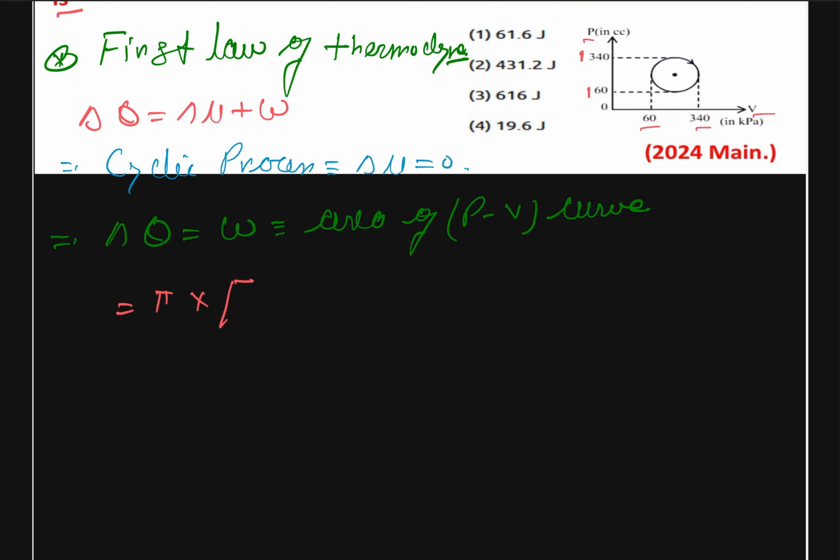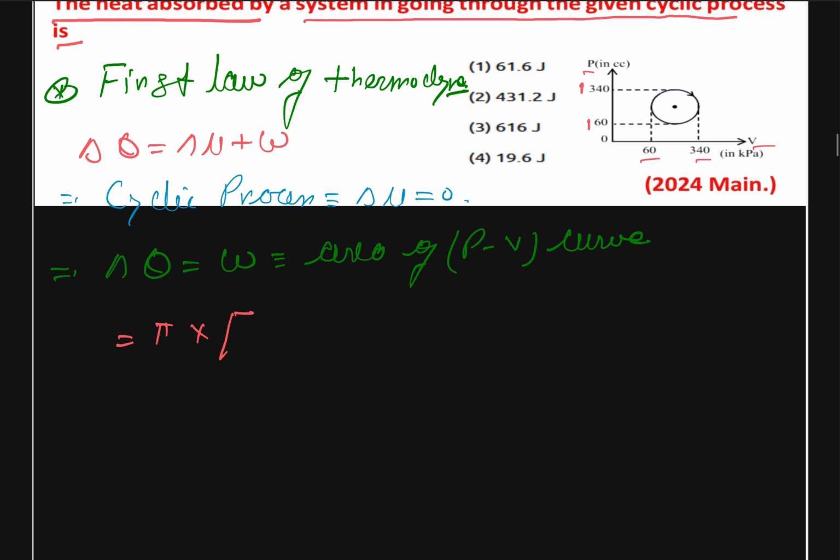So this is our circle, and we can write it as the difference is 340 and 160.